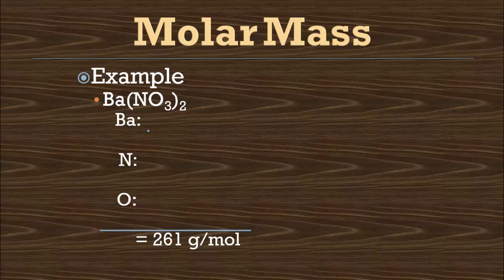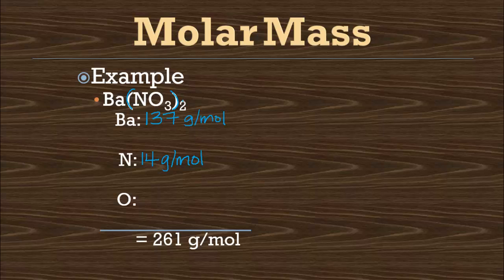So when I look up barium, barium is 137 grams per mole, putting in our units. Nitrogen is 14 grams per mole. Now we got to be careful with nitrogen. Nitrogen is in this set of parentheses here.